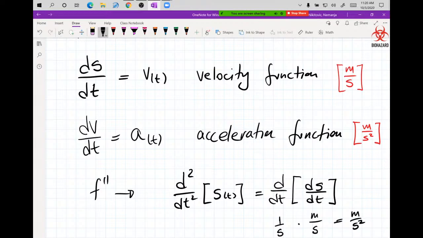So that's a little bit of notation, a little bit of dimensional analysis to connect all of these things to physics. Obviously, it's also explained in the book, but the idea is that your position s is only given in meters or feet or miles, whatever, it's just length. And then when you take the derivative with respect to time, you get the formula for speed, for velocity.